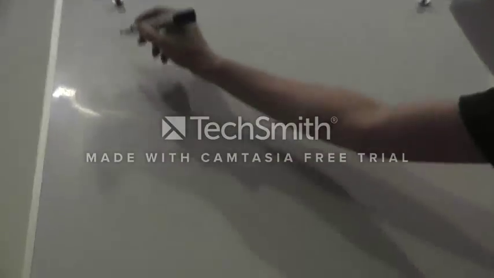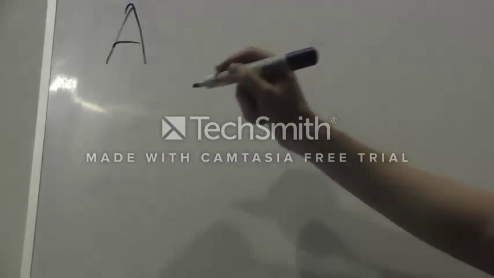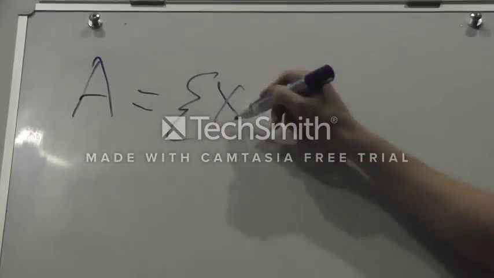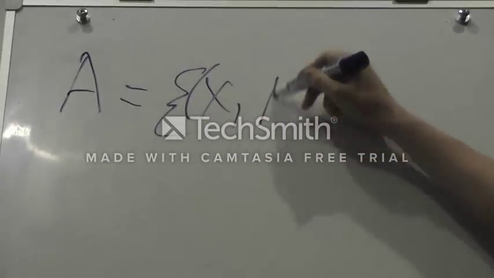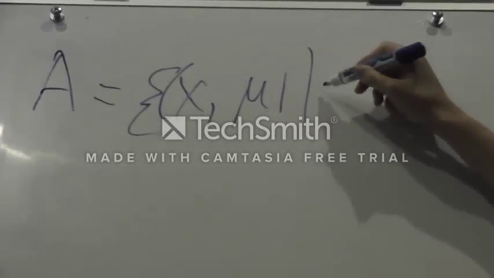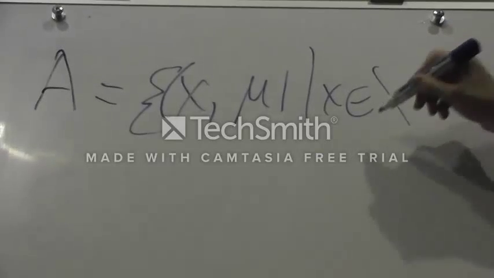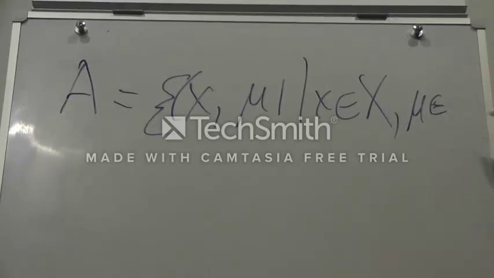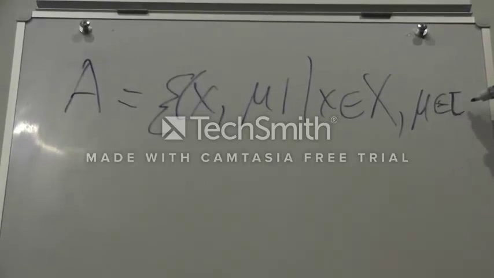A fuzzy set A is a set of tuples (x, mu), where x is an element of some universum, and mu is a real number from 0 to 1.